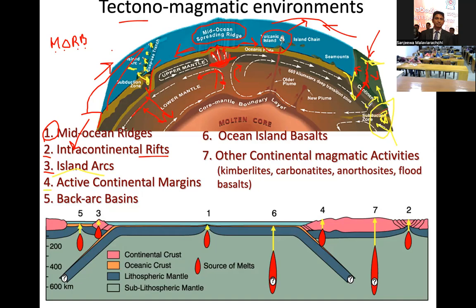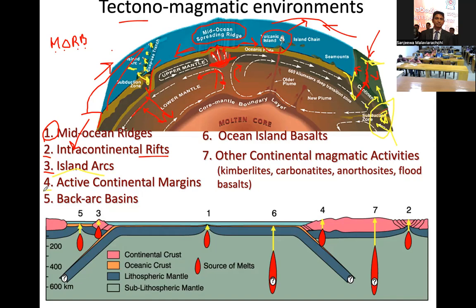So if the melting is majorly taking place in the lower continental part, then you are getting basaltic composition. Otherwise, you will get granitic composition. So in active continental margins, both type of magmas, like mafic melts as well as felsic melts, can be produced. So active continental margins have mixed type of melts produced, right?